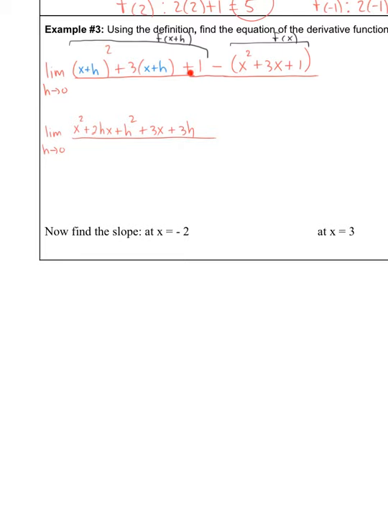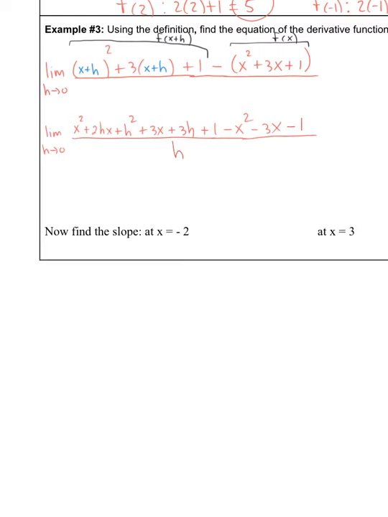Working to the right, don't forget plus 1. And finally, the last thing to do is distribute this negative. I have negative x squared, minus 3x, and minus 1. Don't forget to distribute that negative.